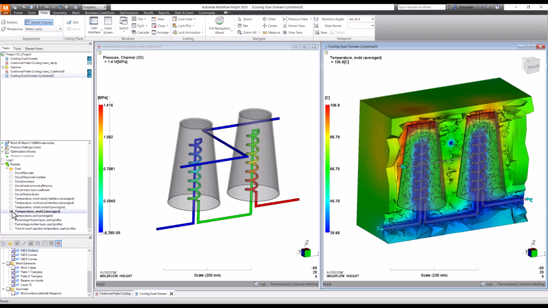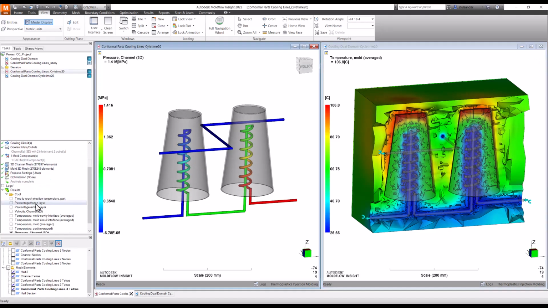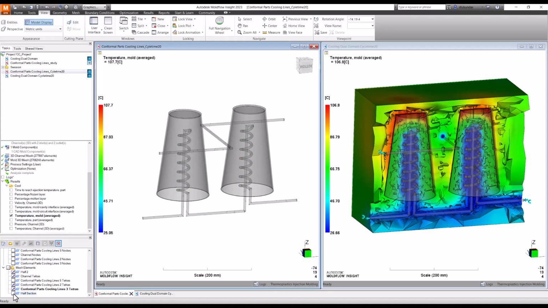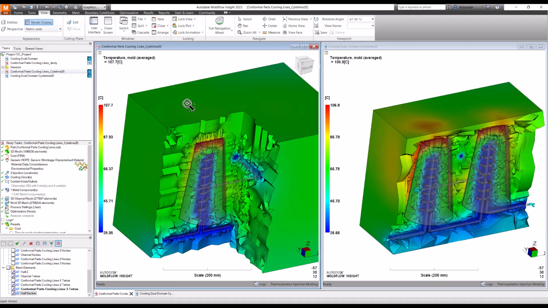You can of course look at the other results like the temperature mold average, and let's begin with this as well, the temperature mold average. I need to turn on the half one. So pretty much you would be able to see very similar behavior to what we have seen with the dual domain also.